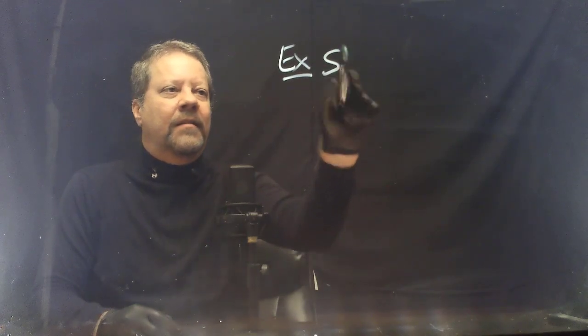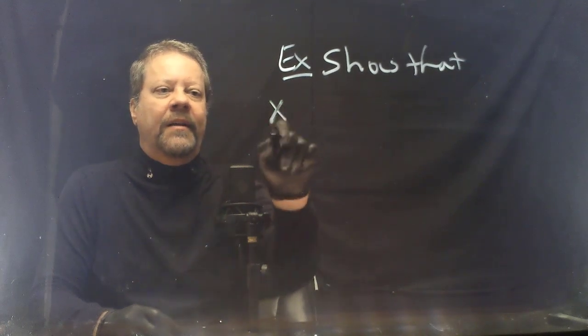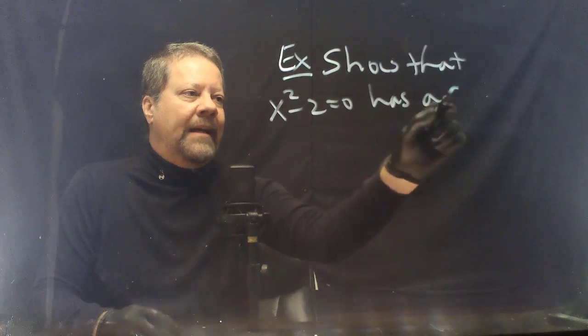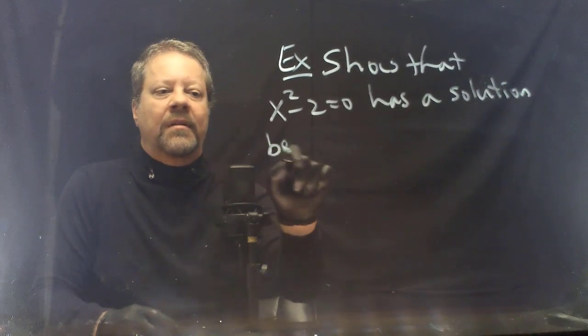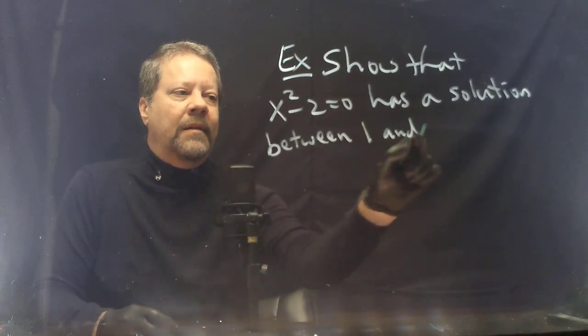We're going to give you a non-constructive proof. Show that the equation x squared minus 2 equals 0 has a solution that lies between 1 and 2.